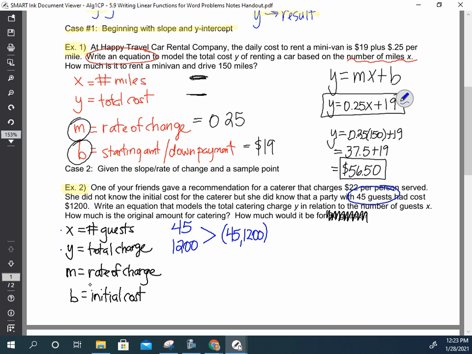So, rate of charge. Did they tell you how much they were going to charge everybody? $22 per person. So there's your slope. M equals 22. Did they tell you how much the initial cost was?